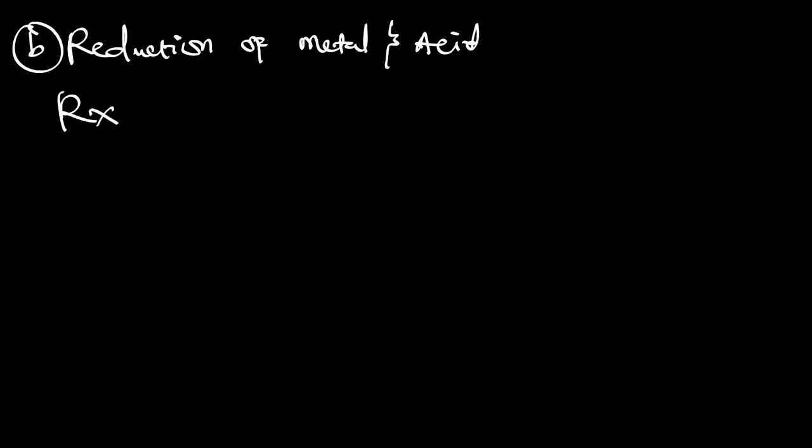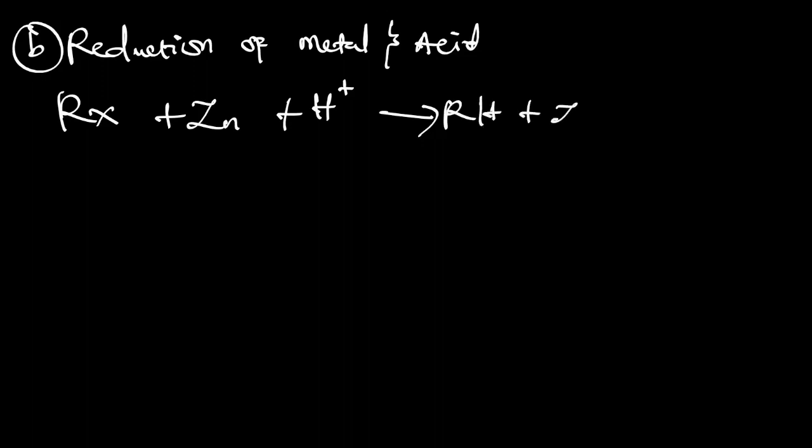RX, where RX is the alkyl halide, plus zinc plus H+. So instead of me writing a particular acid, let's say HCl, if I just write the ion, it's still the same thing. You understand? So when we react it, what does it form? It forms RH plus Zn2+. Now why am I writing Zn2+? Remember I said I can write Cl here.